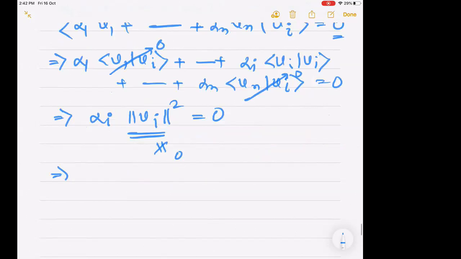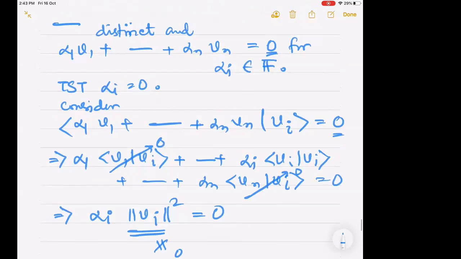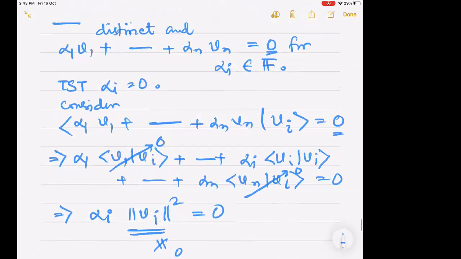This implies alpha i must be equal to 0, and this is true for all i, from 1 to n. So the only linear combination that goes to 0 is the trivial one. That's the trick. So it follows that the vectors are linearly independent.